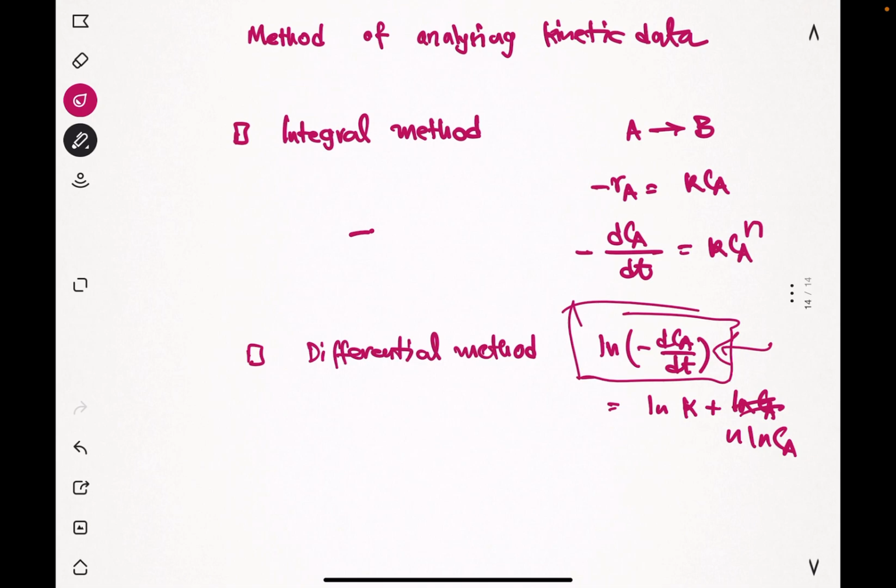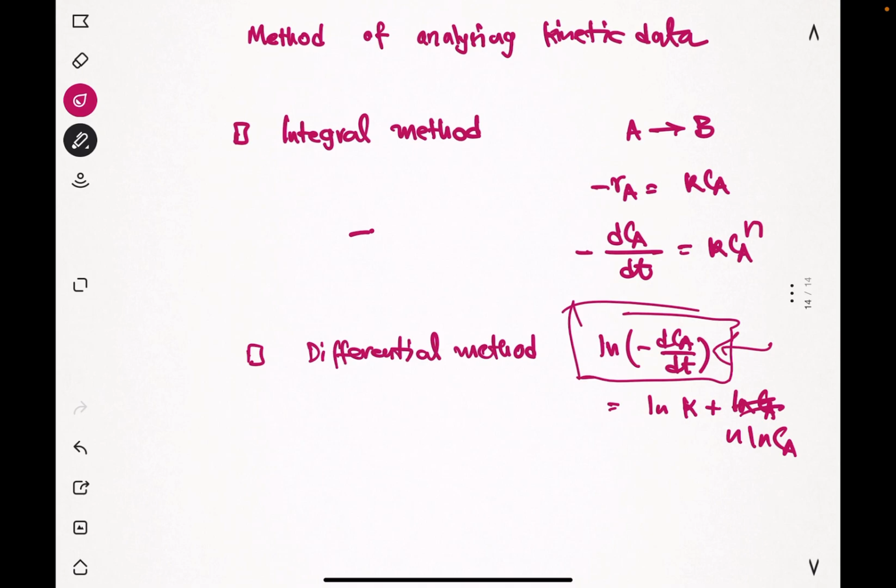That's why usually we go for the integral method only, unless the differential method is really required. And you will be doing the same for your 402 experiment when you do the kinetic study of the esterification reaction.